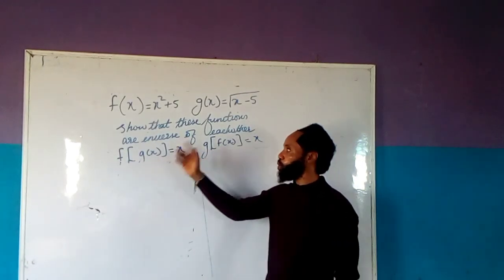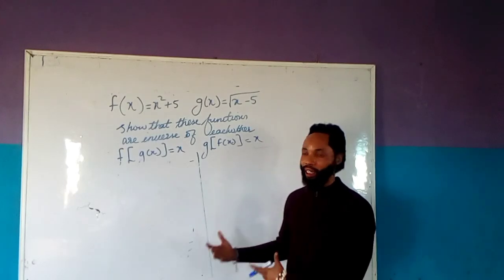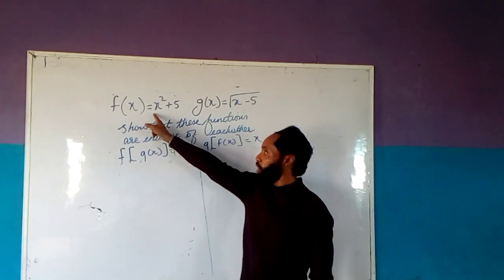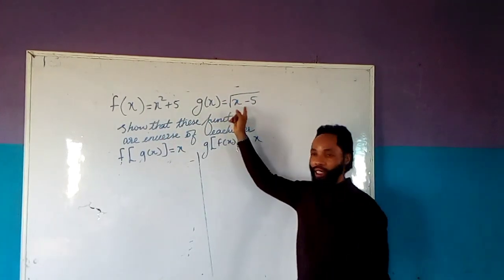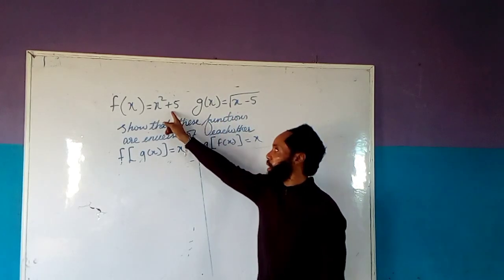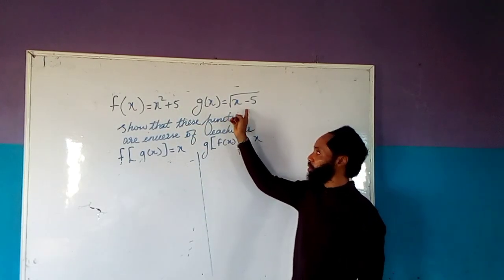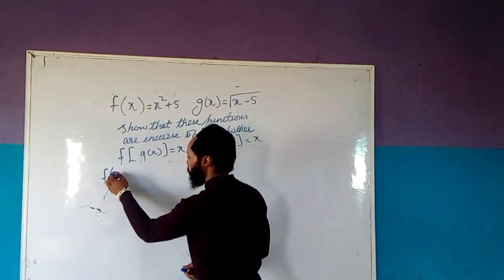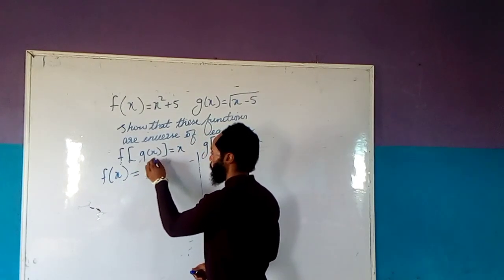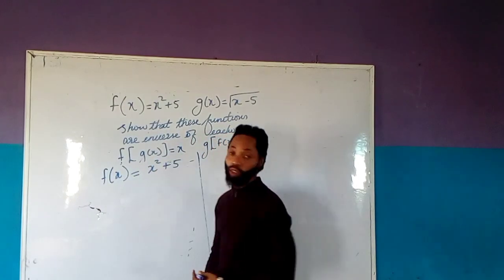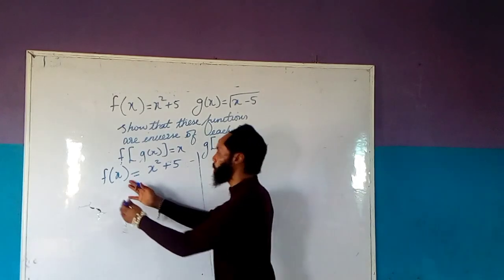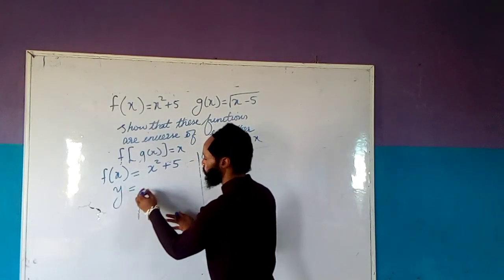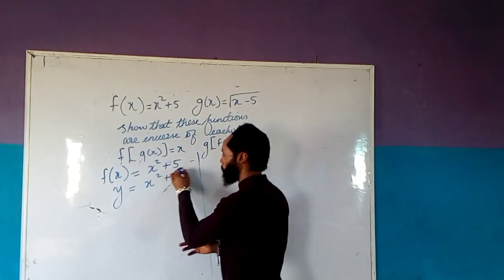Next thing we want to do, we want to also show further that they are inverses of each other. If you look for the inverse of this, we should get this for inverse of this, and vice versa. So let's start with this. f of x equals x squared plus 5. We already know how to find our inverse. Take f of x as y, then x squared plus 5.